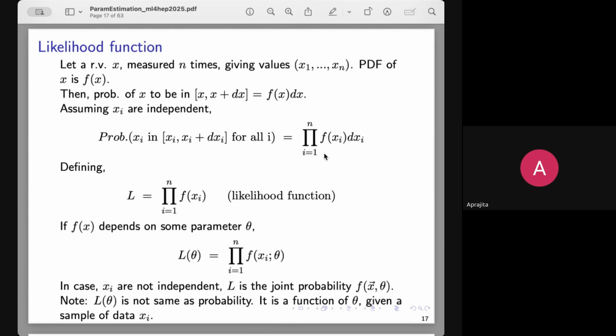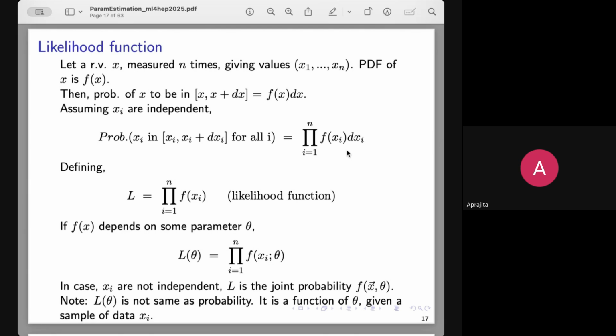So that means if the value of theta is correct, and theta defines your probability distribution, that's the parameter of the probability distribution that you consider. If theta is the right parameter, then that theta would basically maximize this joint probability of obtaining this data.